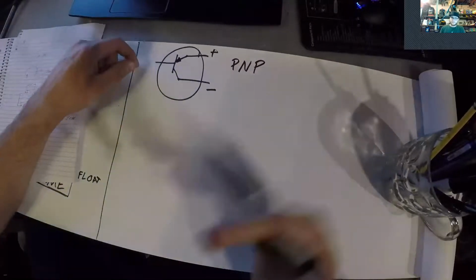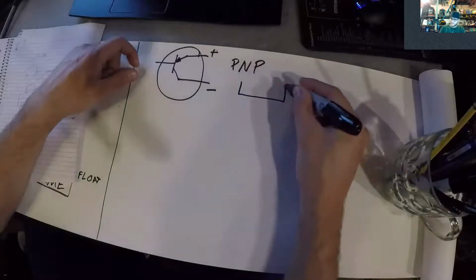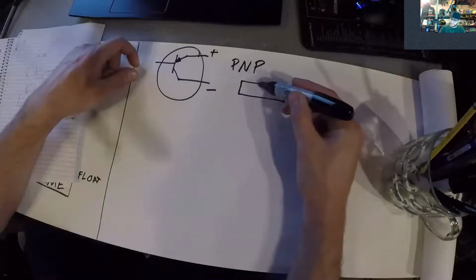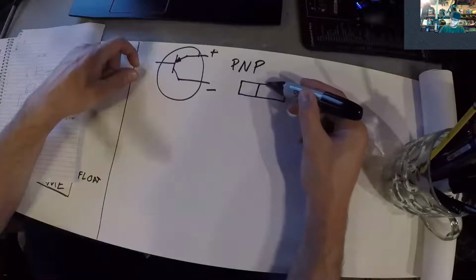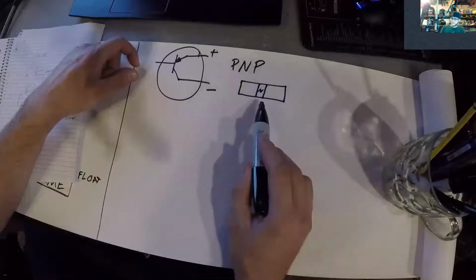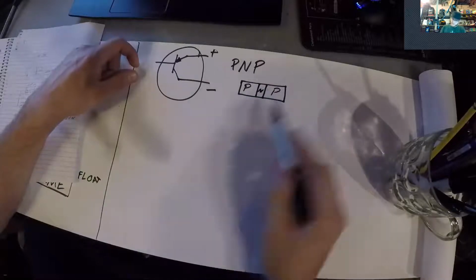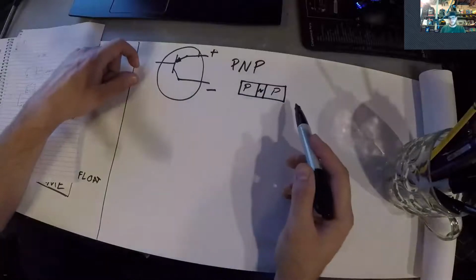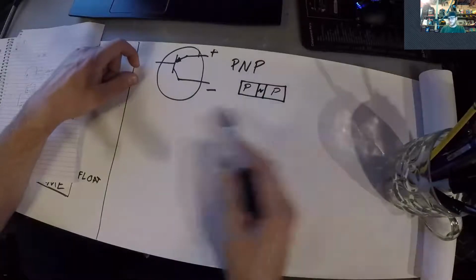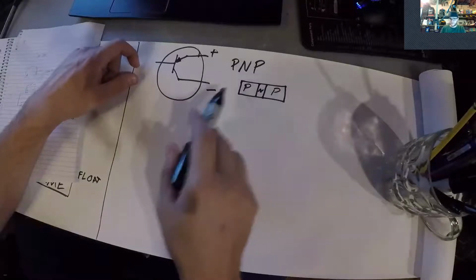PNP means positive, negative, positive doping. So if you had a little sheet of silicon, the middle region would be negatively doped, and each side would be positively doped. They'll explain this in detail in the video.